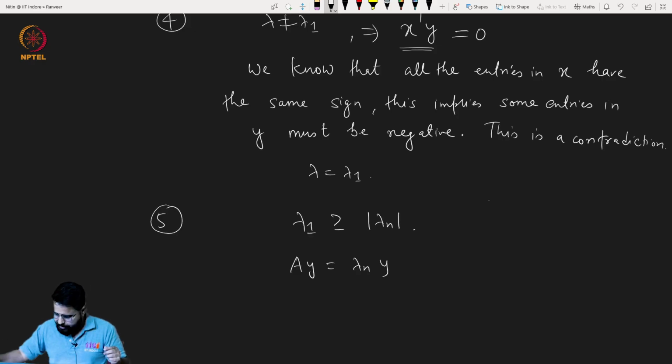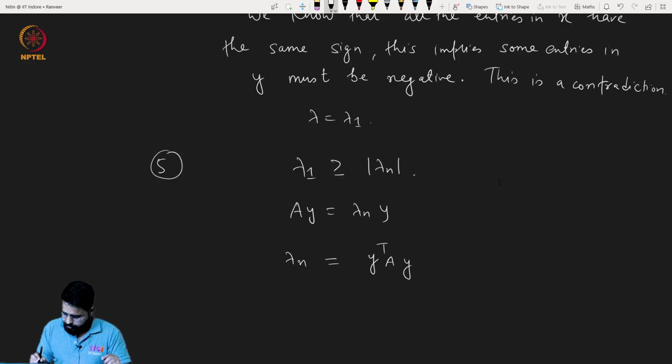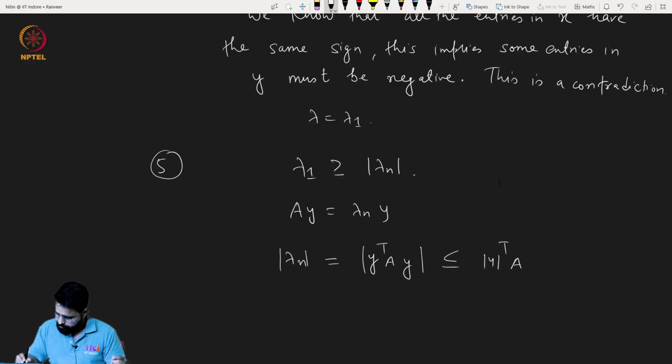Okay, so we can actually write this as follows. Lambda n is what? You can safely write Y transpose A Y. Now if you take the modulus of this, this quantity is always less than or equal to this, because A is a non-negative matrix.